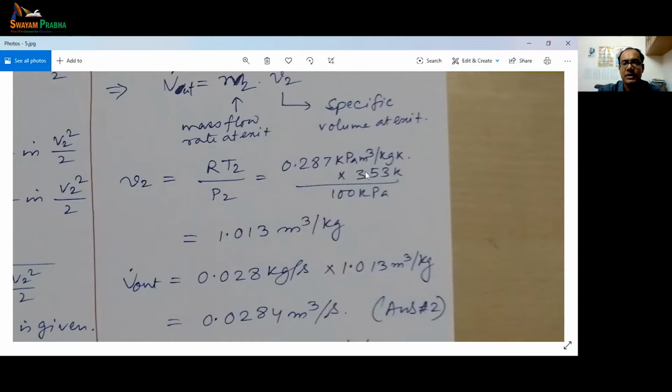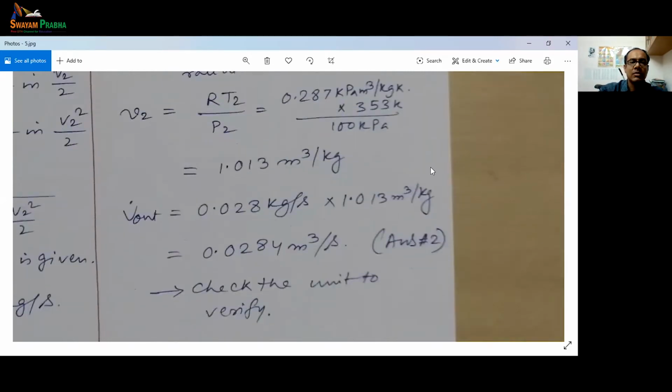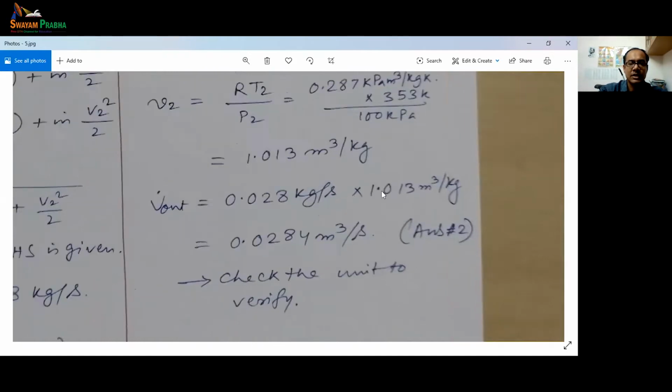That means 353 Kelvin. So by doing this calculation, you will find the specific volume at exit to be 1.013 meter cube per kg. Now the volume flow rate will be the mass flow rate, which was the first answer.